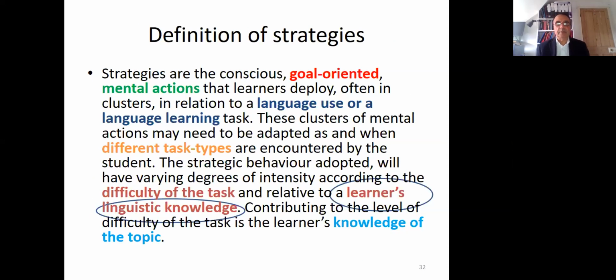Right, then I talked about linguistic knowledge in my definition of strategies as being important. I mentioned already, is it the linguistic knowledge that leads to strategy use, or is it the other way around? Is it strategy use that leads to language proficiency?